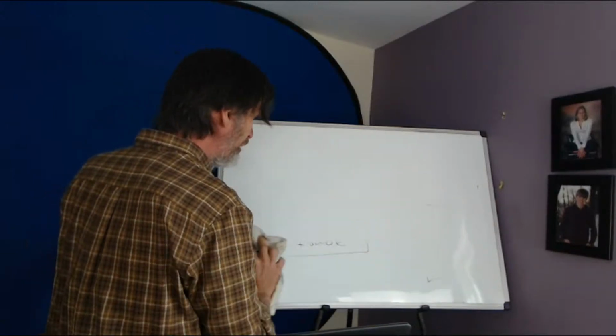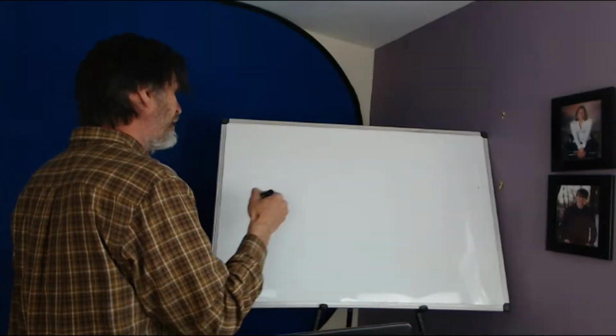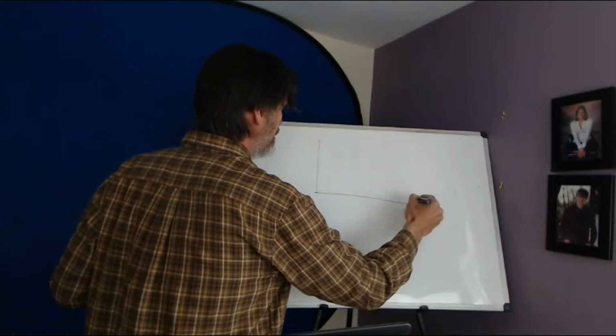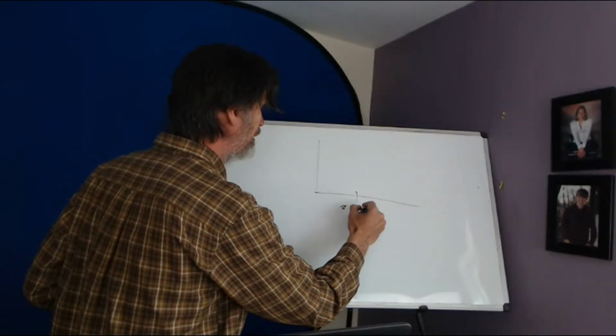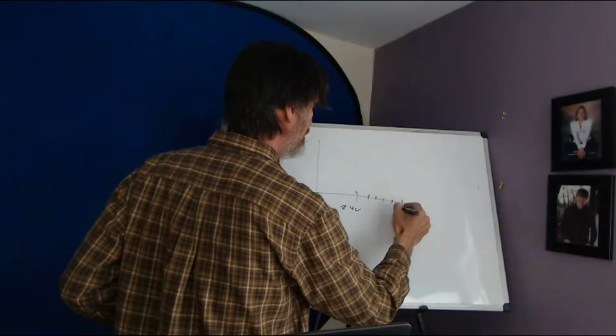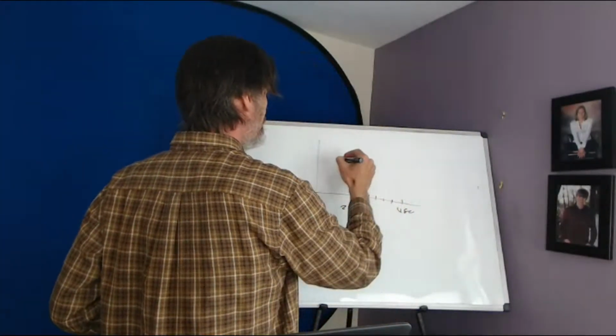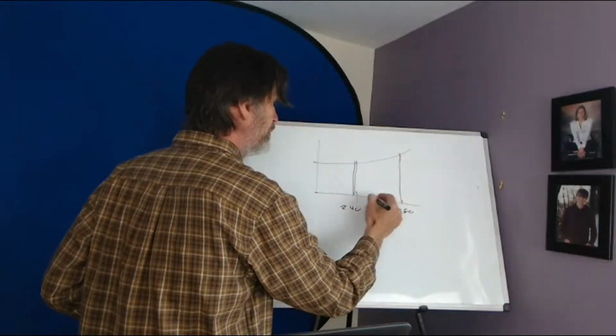Now, the question is, where are we going to mark the start of that earning and where are we going to mark the end of the earning? So in this case, it starts at 240 and ends at 480. Area under that curve, 240 to 480.